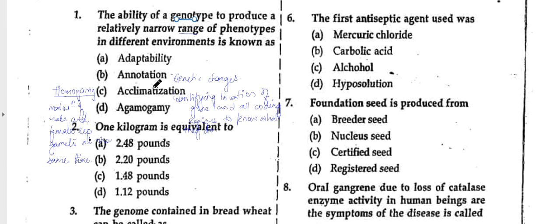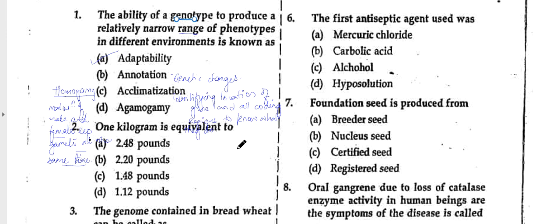Acclimatization is the temporary adjustment to a particular environment, and agamogamy is a term that is not specific here. Homogamy is the maturation of male and female gametes at the same time. So for question number 1, the ability of a genotype to produce a relatively narrow range of phenotype is adaptability.